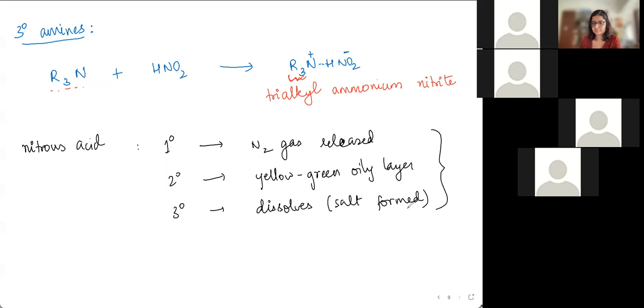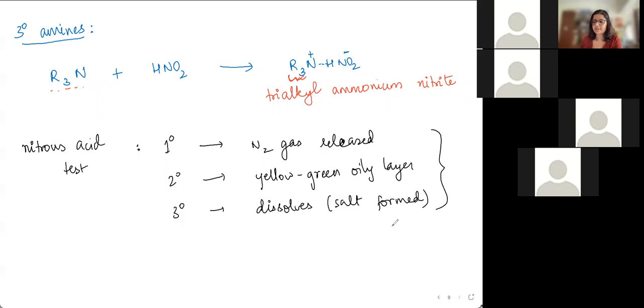Ma'am, we don't have diazonium salts in our syllabus, so this will be the last of it, right? Yeah. So these are the nitrous acid test results, and based on them you can figure out whether it's primary, secondary, or tertiary.